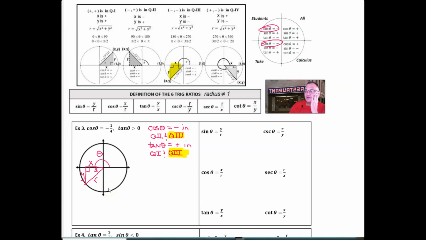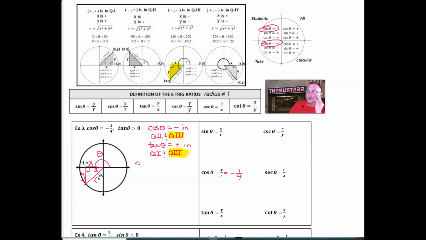Okay, so from our information, we know that the cosine is -1/4. So r is 4, and the x-coordinate is -1. Now figure out what y is.